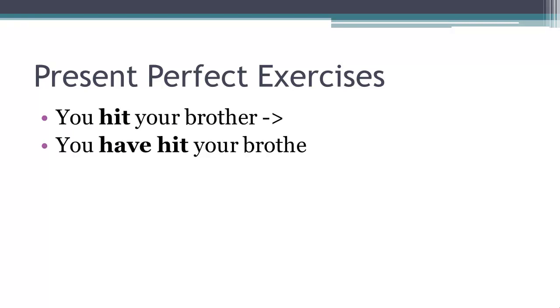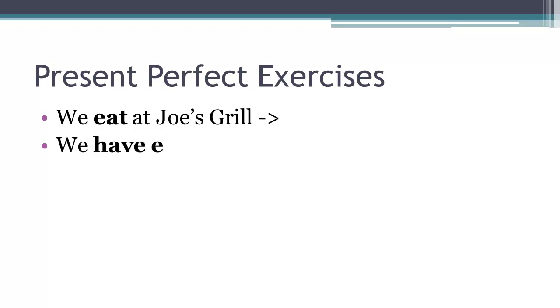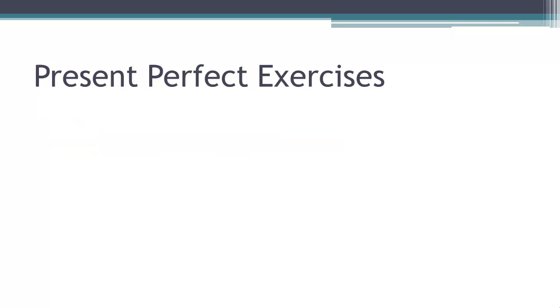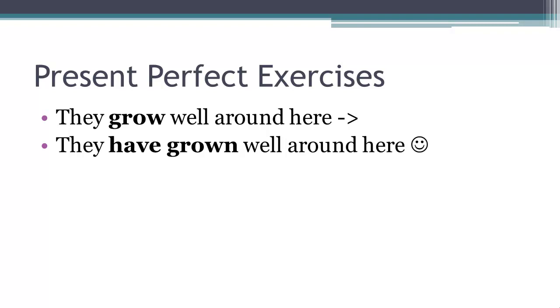You have hit your brother. Next, we eat at Joe's Grill. We have eaten at Joe's Grill. And finally, number 10, they grow well around here. They have grown well around here.